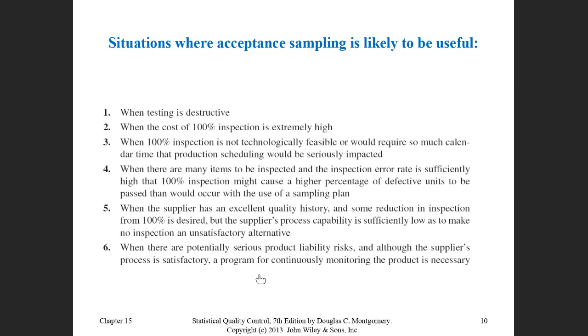These are scenarios when you can use it, but as we said, especially in number 3, nowadays there are several tools, equipment and technological ways that can do the inspection for 100% of the lots, and these are the cases where you do the sampling.